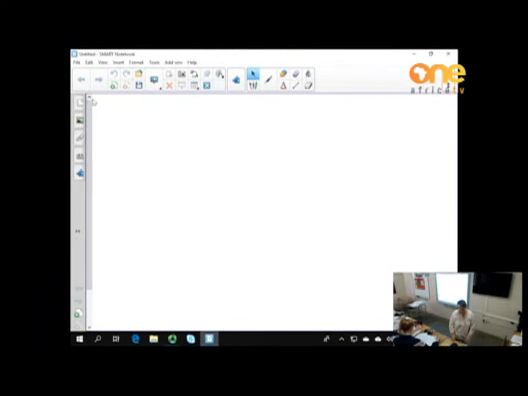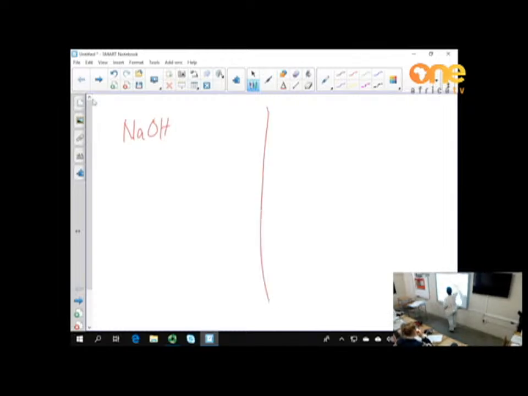We had a look yesterday at the test for metals. Metal ions, the cations, okay? And the reagents that we used to test the metal ions were, first of all, sodium hydroxide, and then a second set of tests that we used ammonium hydroxide.